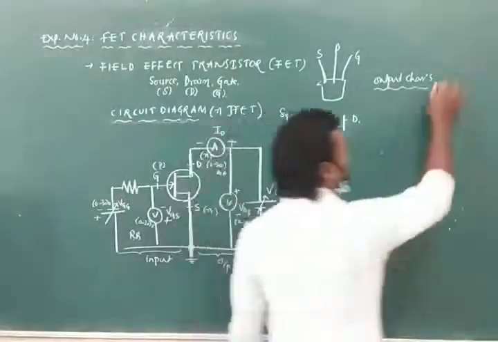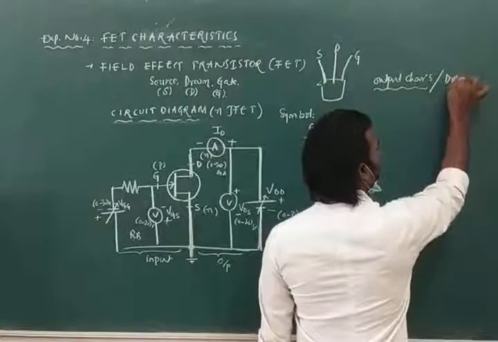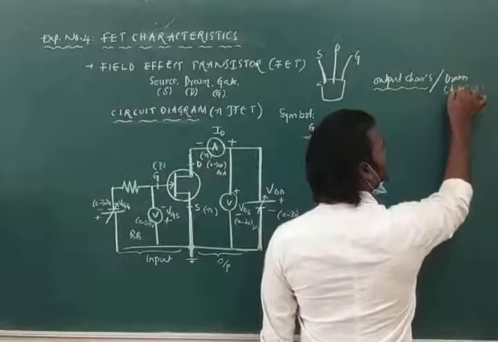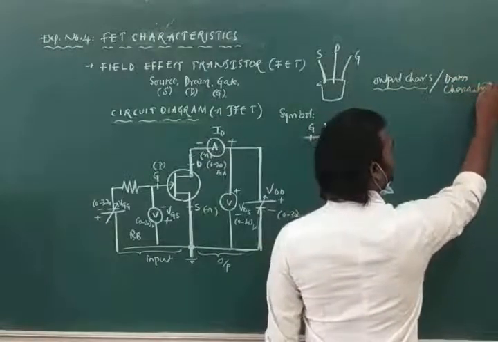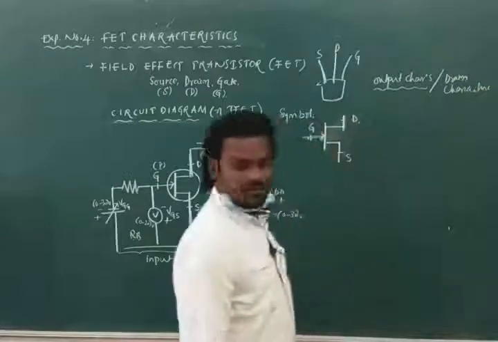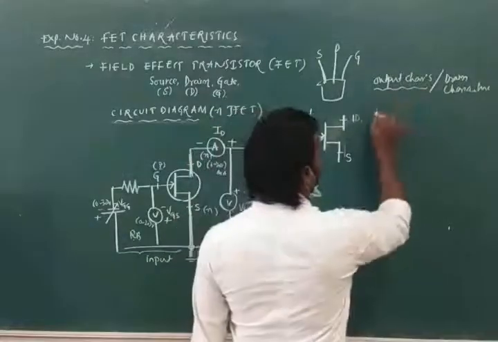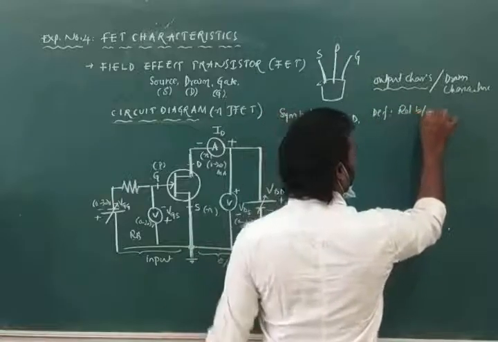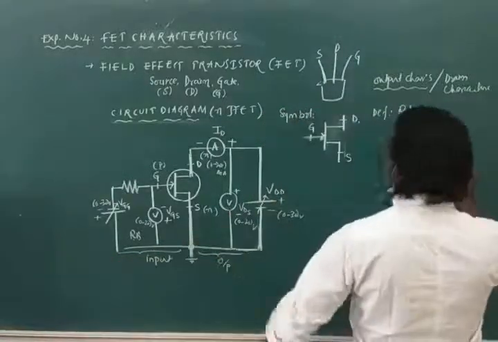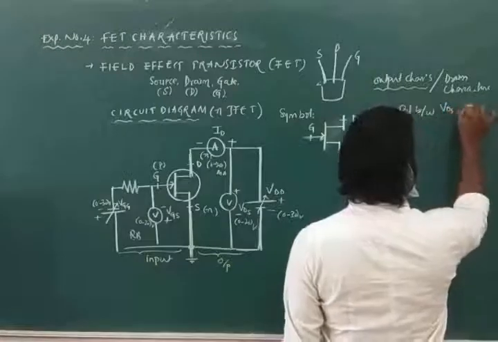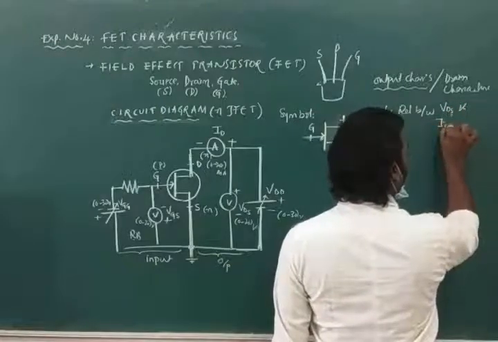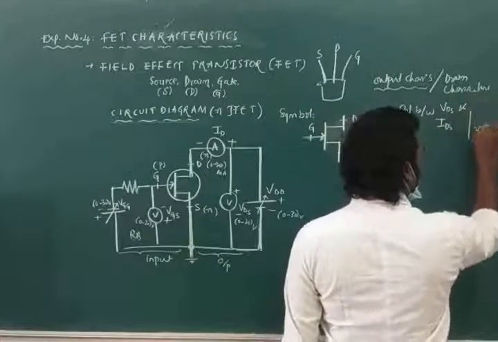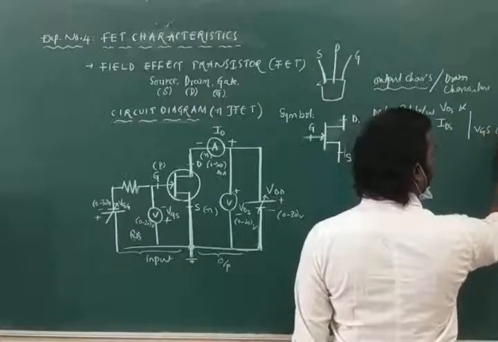The output characteristics are also named drain characteristics. Definition of the output characteristics: the relation between VDS and IDS by keeping VGS constant.